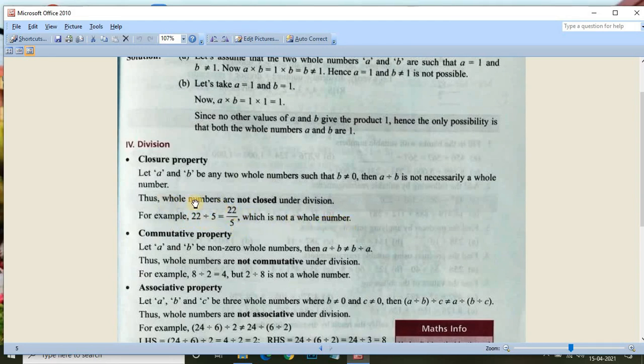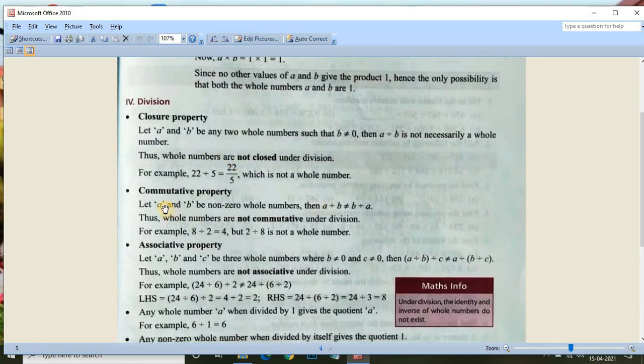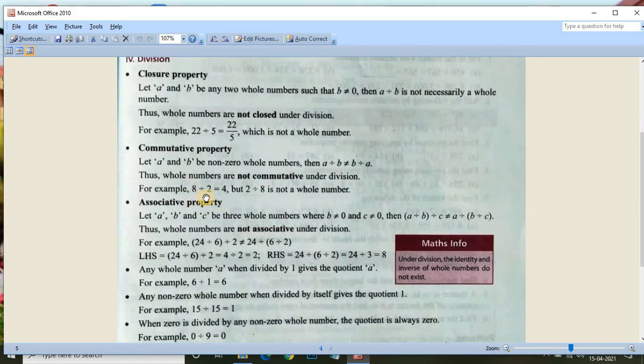Now commutative property. Let a and b be non-zero whole numbers, then a divided by b is not equal to b divided by a. So whole numbers are not commutative under division also. That means 8 divided by 2 equals 4, but 2 divided by 8 is not a whole number.